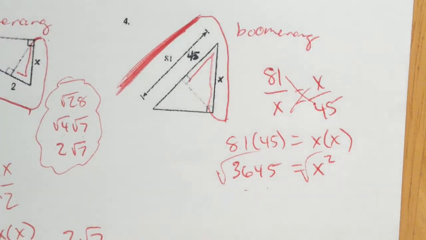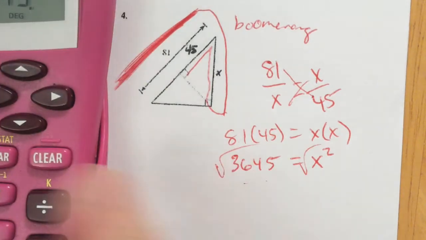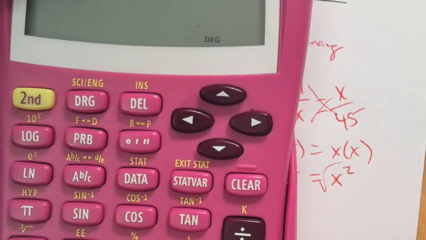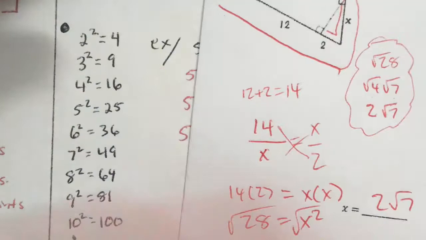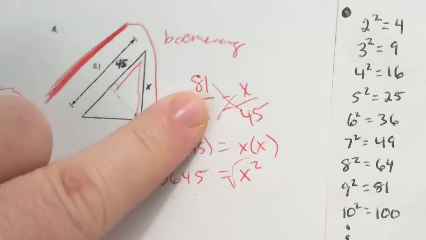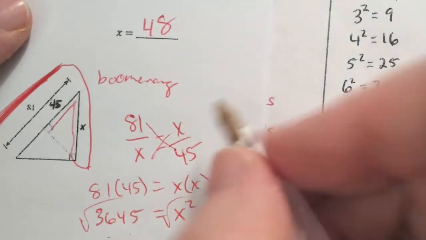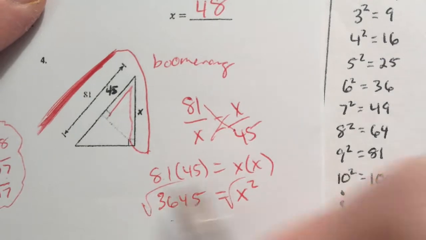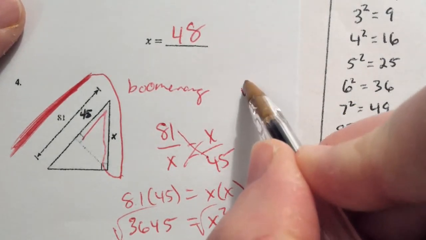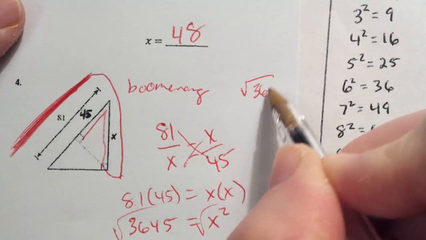Okay, so 81 is definitely a square. 81 was a square. I know I can definitely take out 81 because that was one of my numbers, and that is a square. So let's see, square root of 3645.